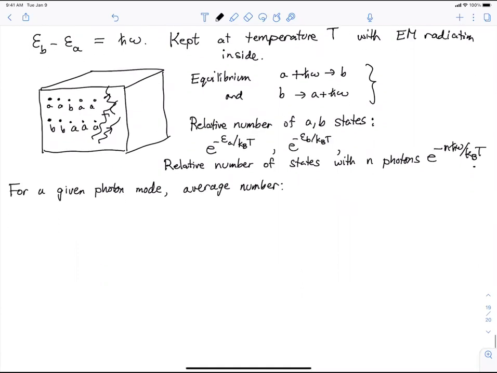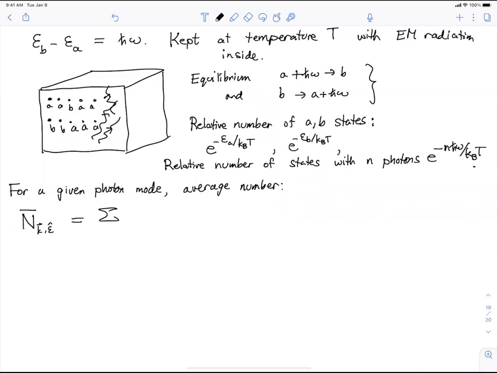I'm going to write that average number as n with a bar over it. That means average, for a given direction and polarization. We don't know the absolute number in each mode, because, for example, that would depend on the volume of the box. If I make the box bigger, I might get more.